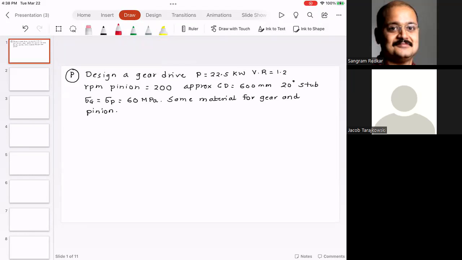B is equal to 10 times M. Find module, face width, number of teeth. Check for dynamic and wear load.